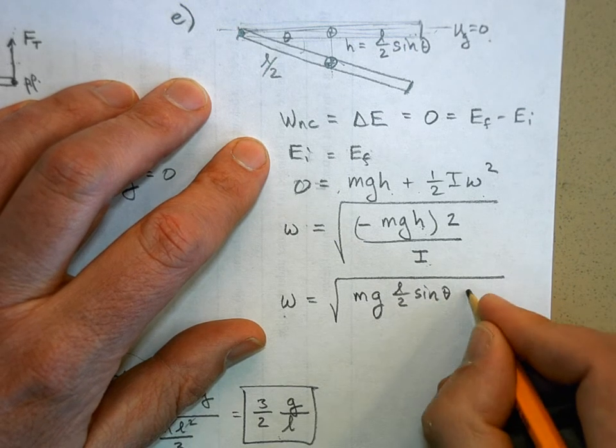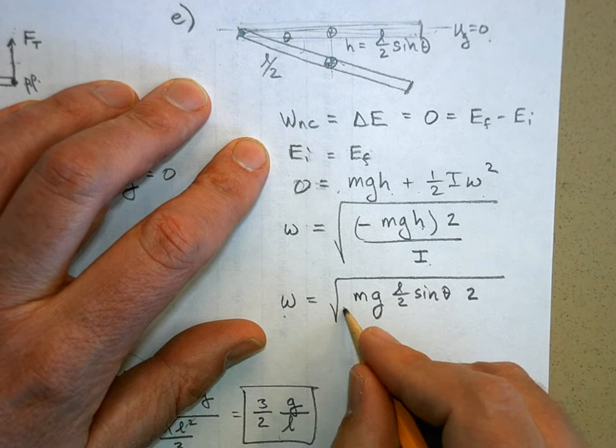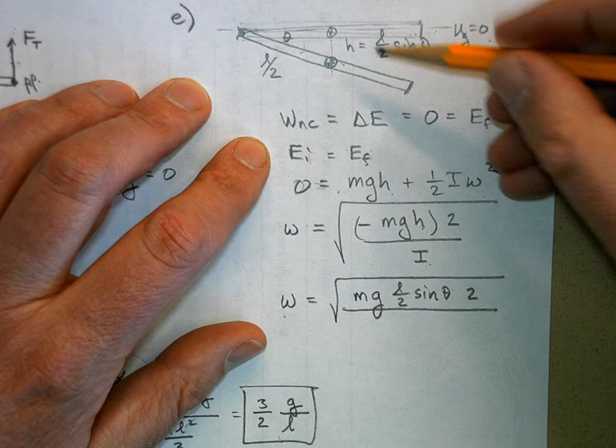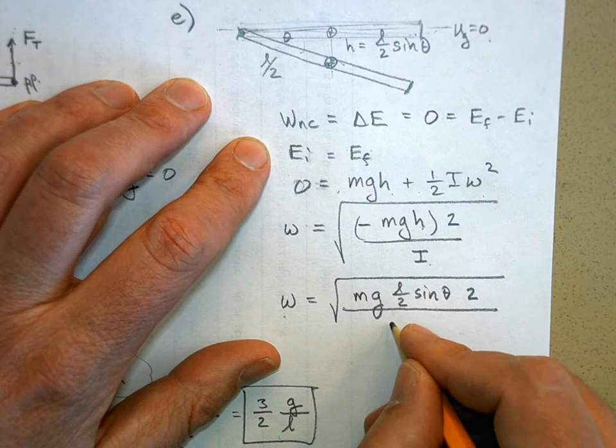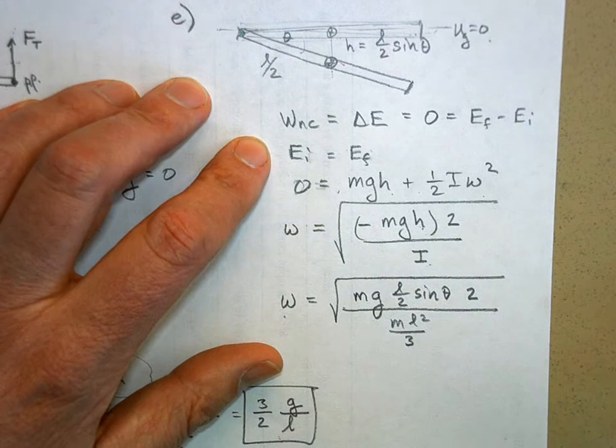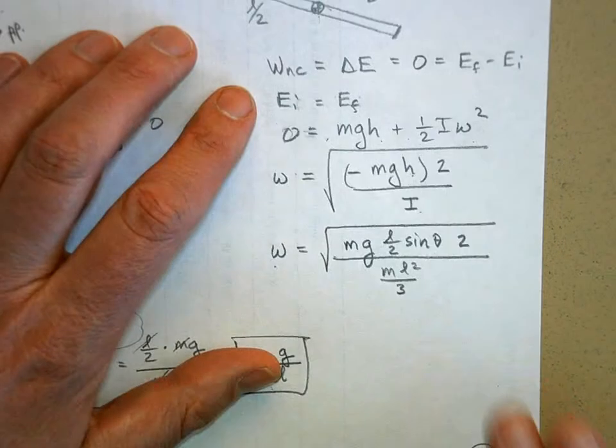And then we've got the 2 over here. Oh, that's going to cancel the 1/2. That's kind of nice. And then we've got I, which is ml squared over 3. So now all we've got to do is clean this up, and we'll have our answer.